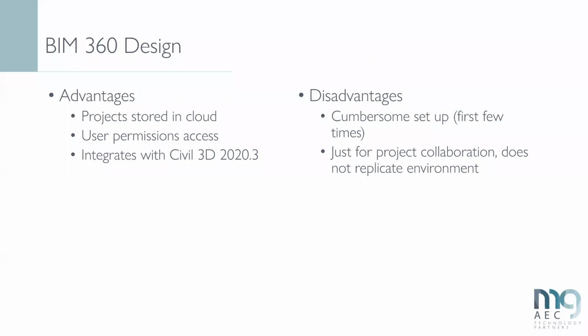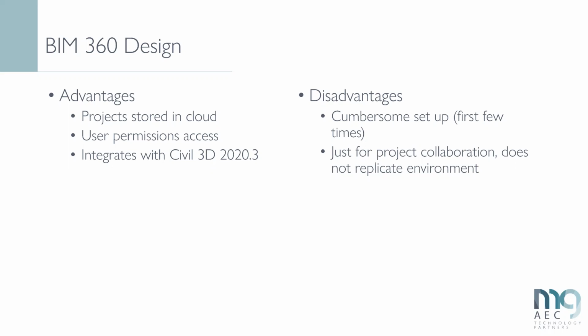So some advantages of BIM 360: those projects are stored in the cloud. You're really just based off of your own personal computer's internet speed to access that data. There are user permissions around access as far as what can be done, if you're just a viewer, if you can edit items, and you can also lock those drawings as well. It integrates with Civil 3D 2020.3, as I stated previously.